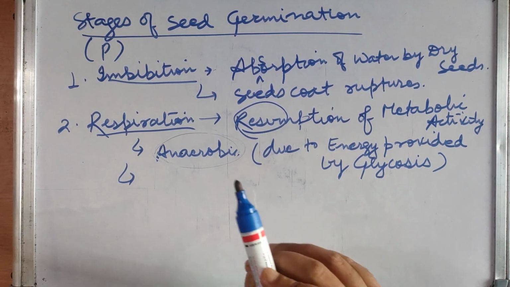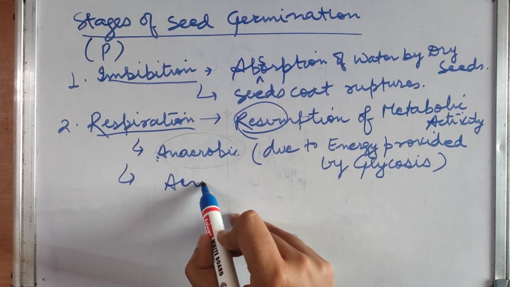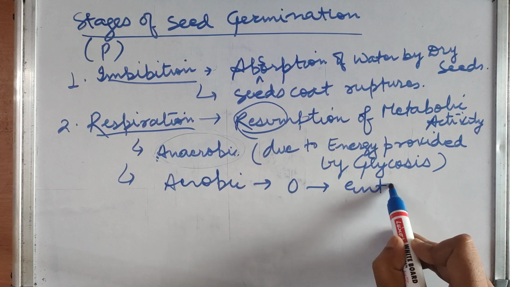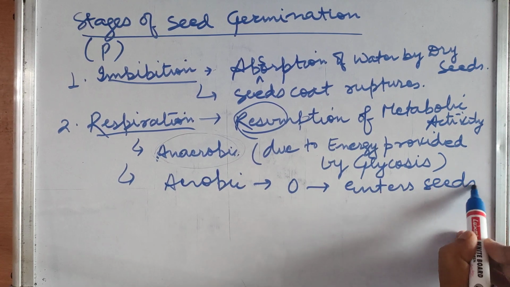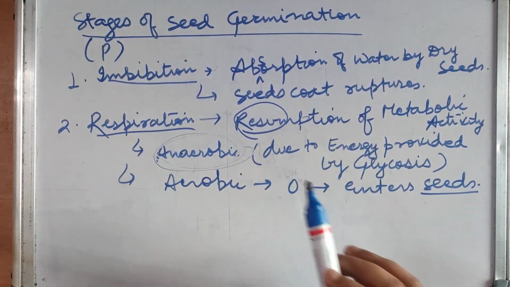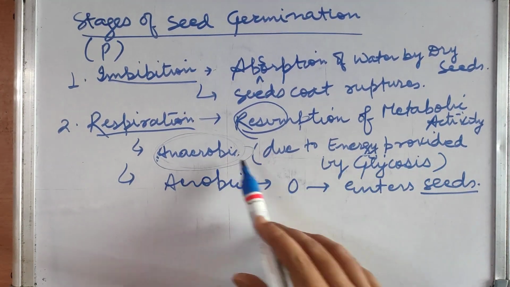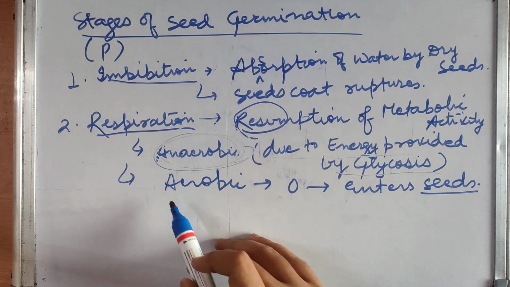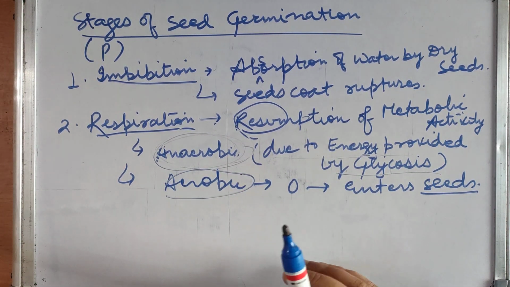Then it becomes aerobic as oxygen starts entering the cells of the seeds. In the initial phase the oxygen was not able to enter, so the energy was provided by glycolysis, but as oxygen starts entering the seeds, it becomes aerobic.